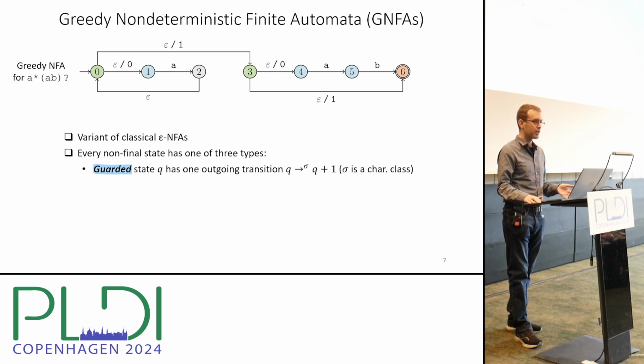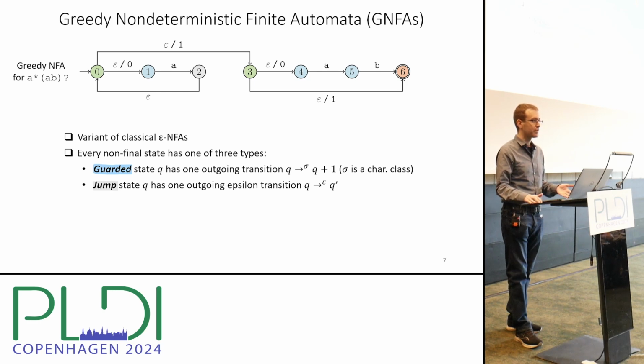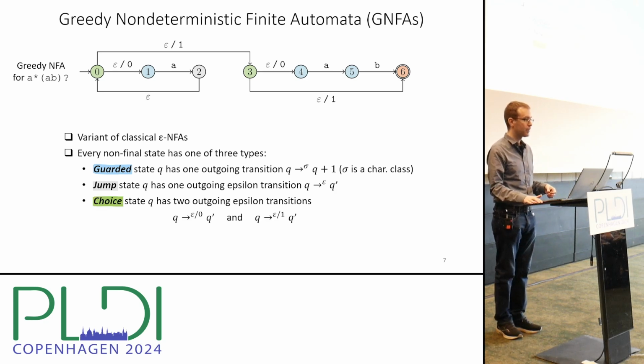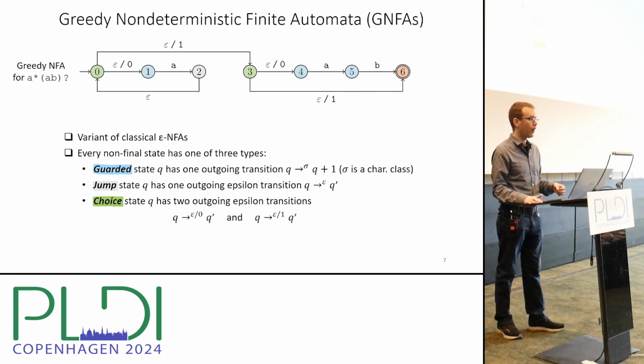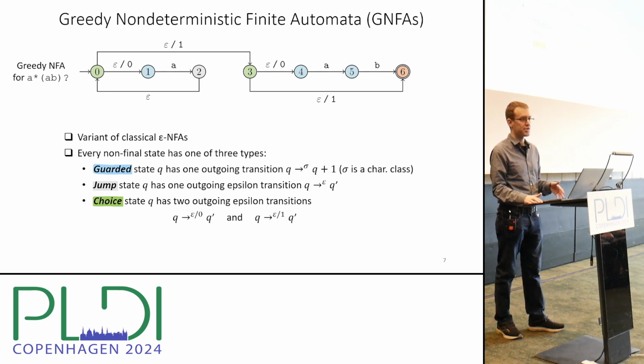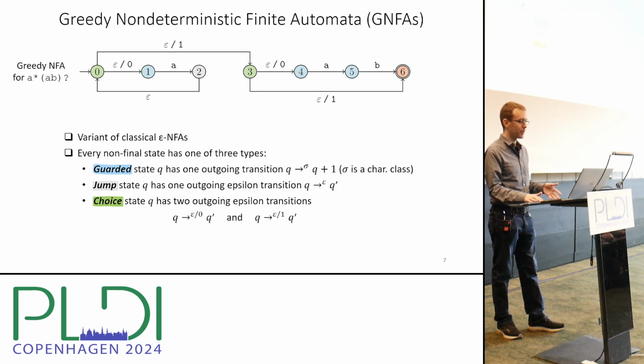It can either be a guarded state, which means that it has exactly one outgoing transition labeled with a character class, or it can be a jump state, which means that it has exactly one outgoing epsilon transition, or it can be a choice state that has exactly two outgoing epsilon transitions, one of which is labeled with epsilon/0, and the other one is labeled with epsilon/1.